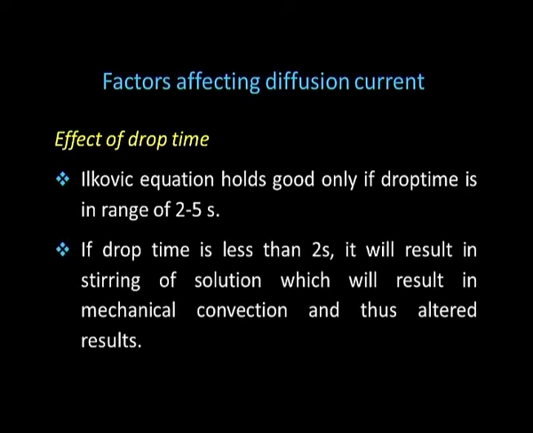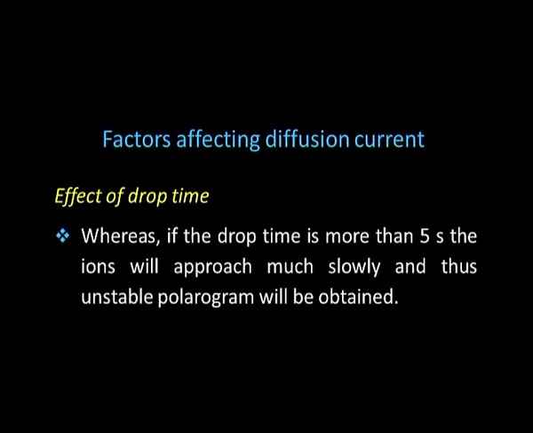If drop time is less than 2 seconds, it will result in stirring of the solution, which will result in mechanical convection, and thus changed results are observed. Now, if the drop time is more than 5 seconds, the ions will approach much slowly, and thus an unstable polarogram will be obtained.